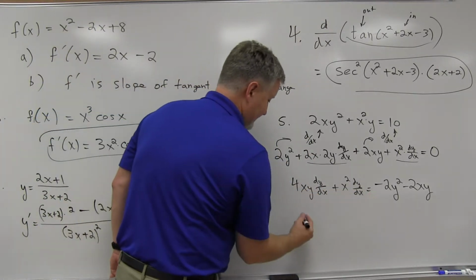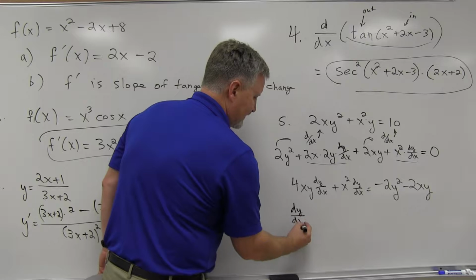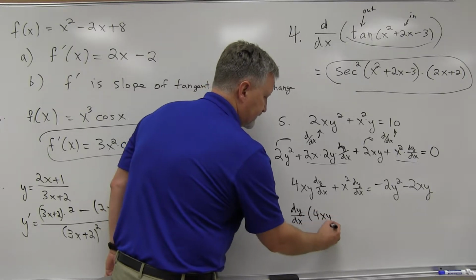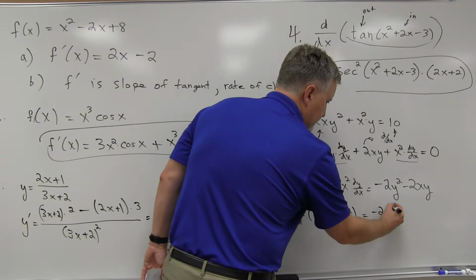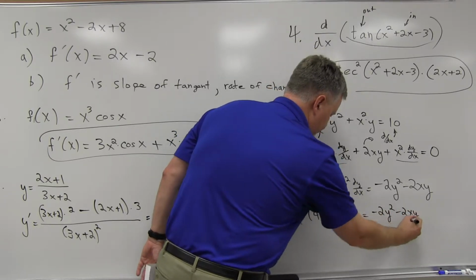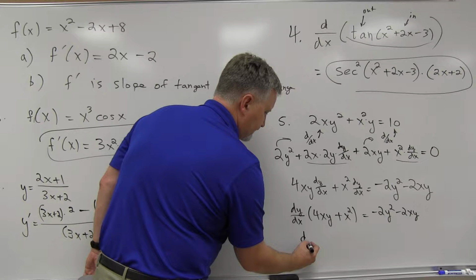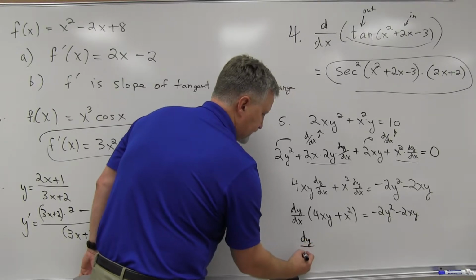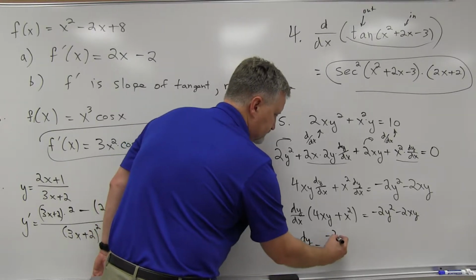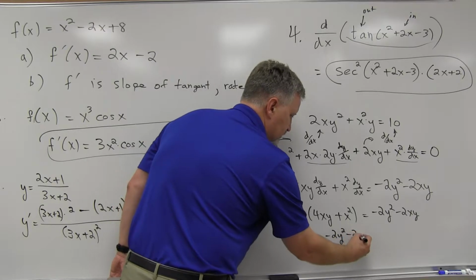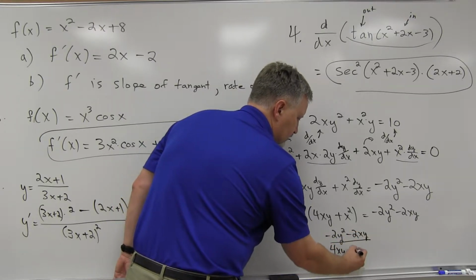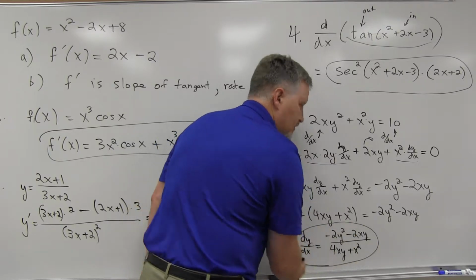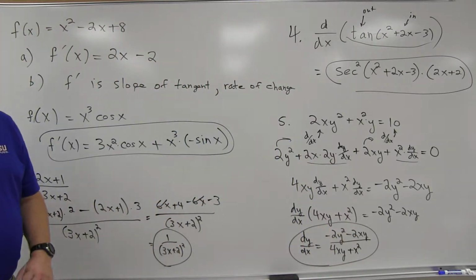Well, now I can factor off the dy over dx and then divide off the other part. Remember all that? So you got to divide by the 4xy plus x squared. Okay?